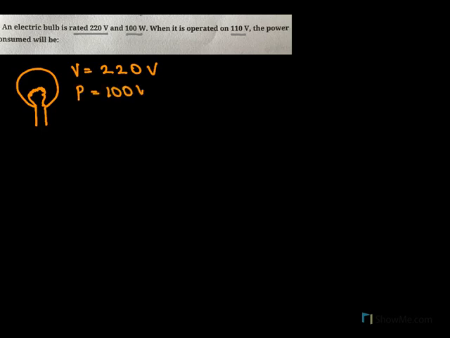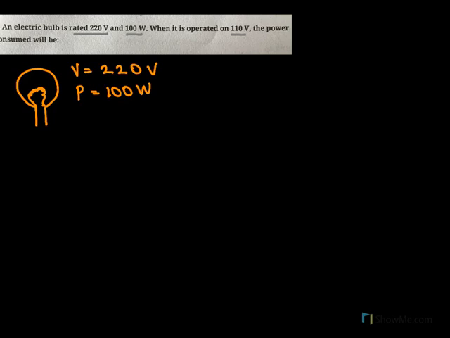An electric bulb is rated 220 volts and 100 watts. When it is operated on 110 volt, the power consumed will be? So here is a bulb with applied voltage 220 volt, and when you supply it a voltage of 220, it gives you a power of 100 watts.